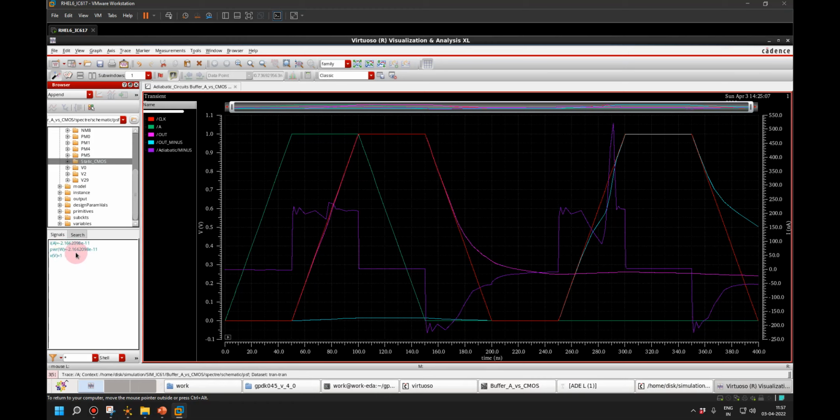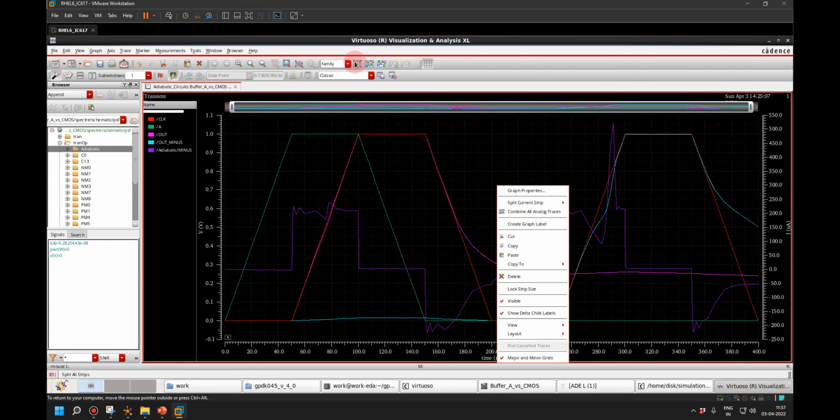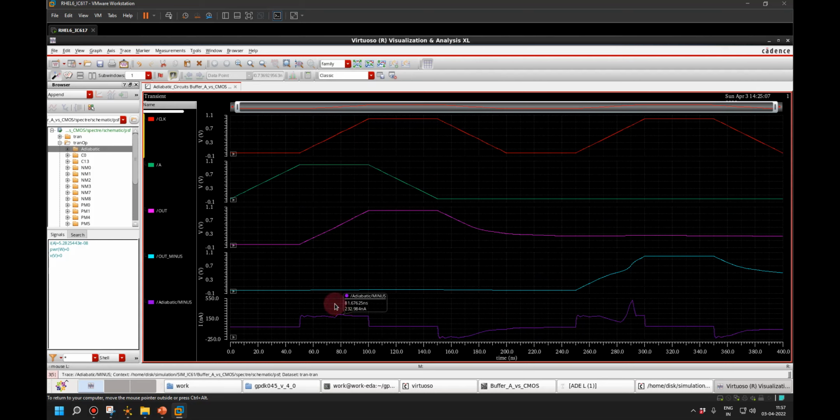Here I am getting 21 nanowatts, and for adiabatic I am getting almost 0. Because in this plot, you have a current coming from the source, and when the clock is going low, the charge is being pushed back to the source. That is the reason the net power consumed comes out to be 0.